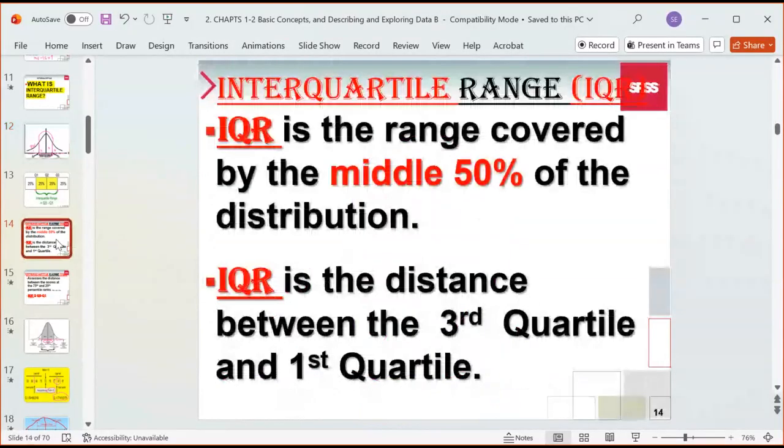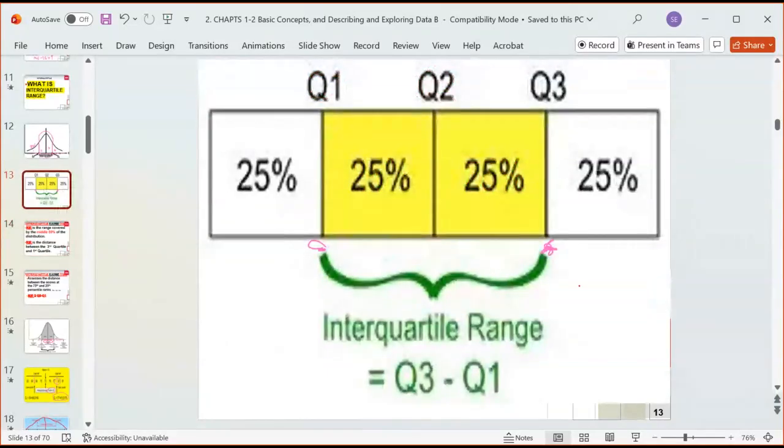The interquartile range is the range covered by the middle 50% of the distribution. So you can see that Q3 minus Q1 gives us the area in the middle. Again, this is not a too popular range, but we use it in research. There are some examples here.